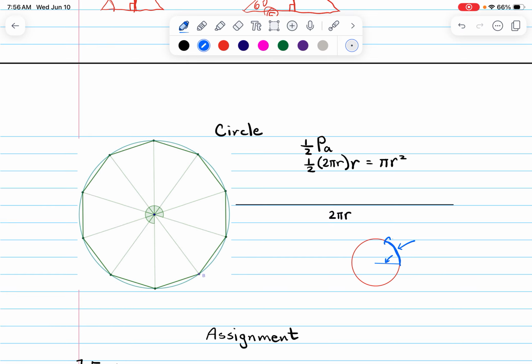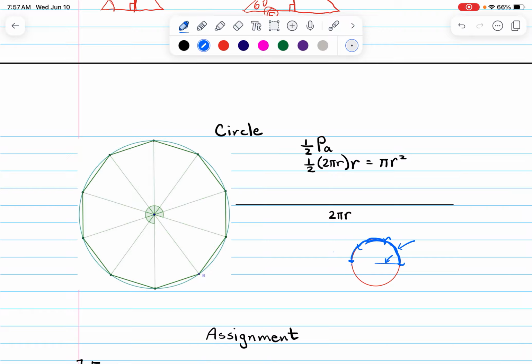So I've got one radius length along that arc, and then I put another one. So I've got 2 radius lengths. And then finally, I try to put another one, but it falls just short. In other words, I've got 1 radius length, 2 radius lengths, and not quite a third.